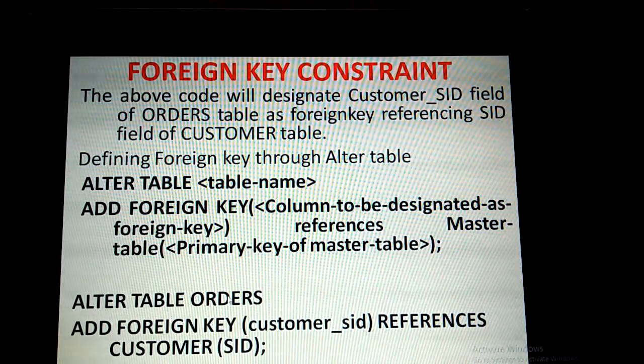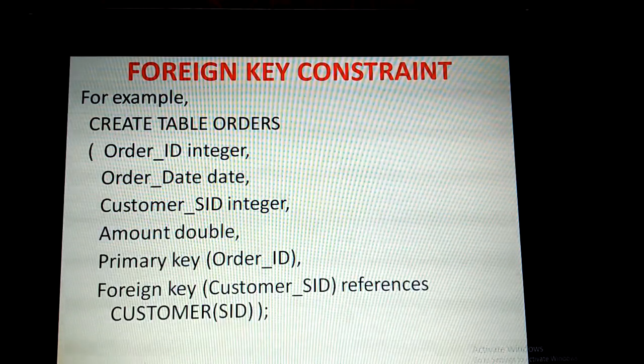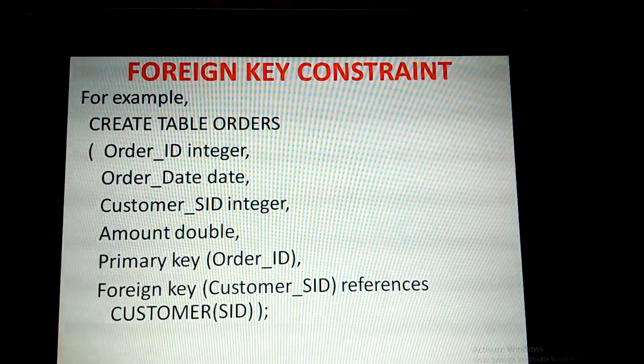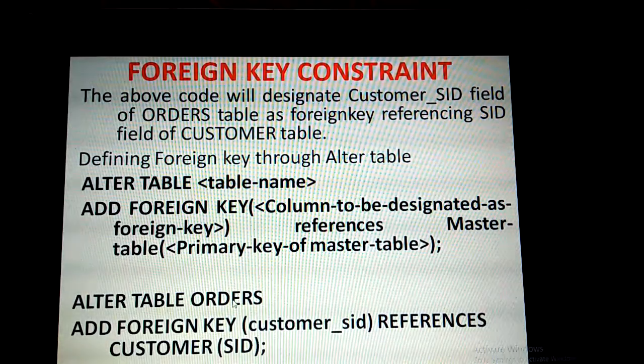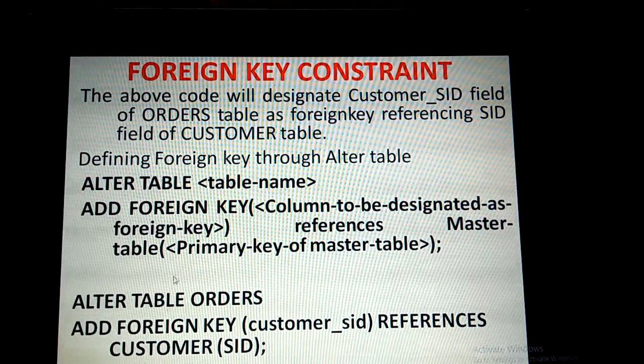Then which field from the orders table is going to refer to the base table, that field name we need to give. So it is similar to the foreign key assignment in creating a table, but the only thing is alter table, and we need to give the table name. So the subtable we are referring to, the customer SID field, the foreign key field, we need to mention here, along with the table name.